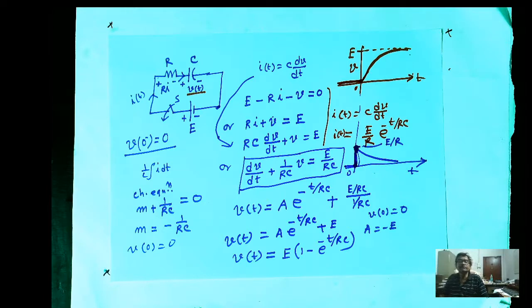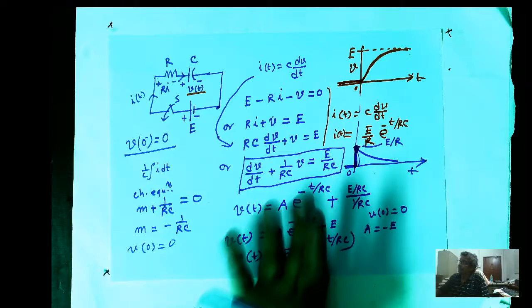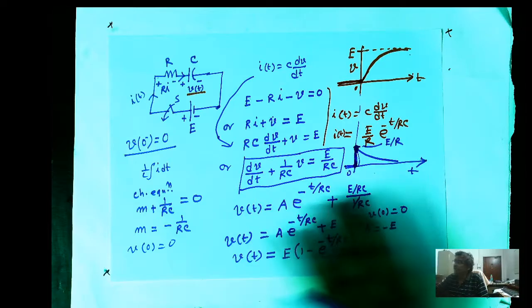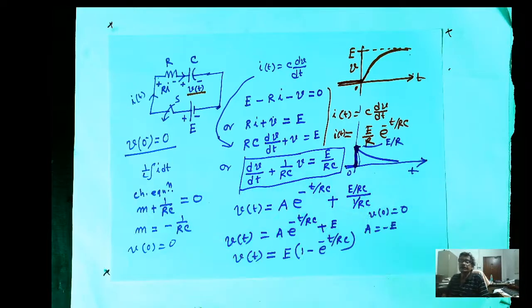You have to write down some KVL equation, and then depending upon the situation, if it is a first order system, you can solve those circuits classically, and no time should be wasted in writing down the final solution, at least the nature of the solution, when the supply is constant, right hand side is constant. Okay, that is how we will do it.